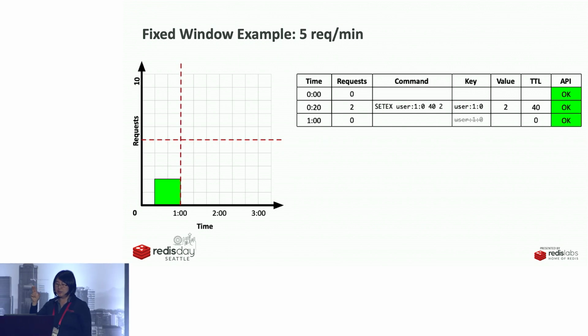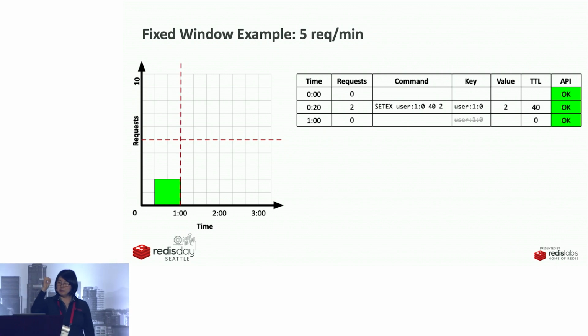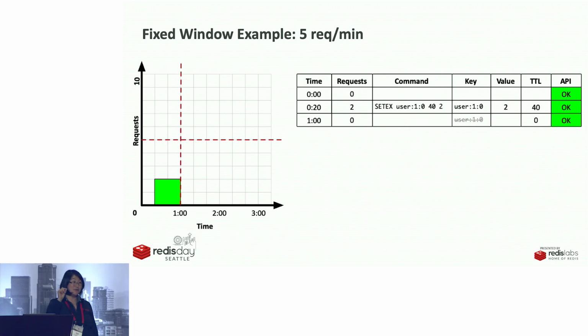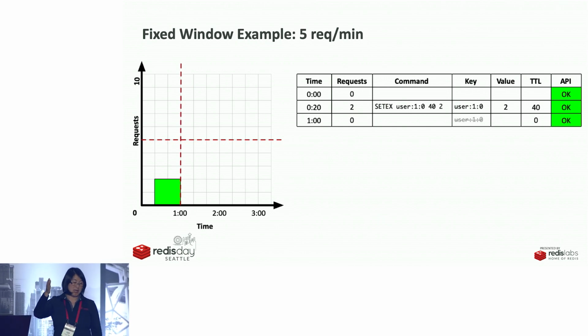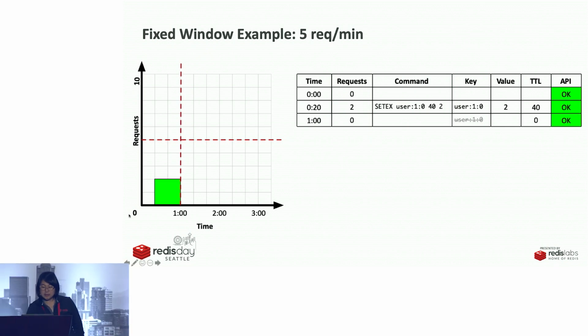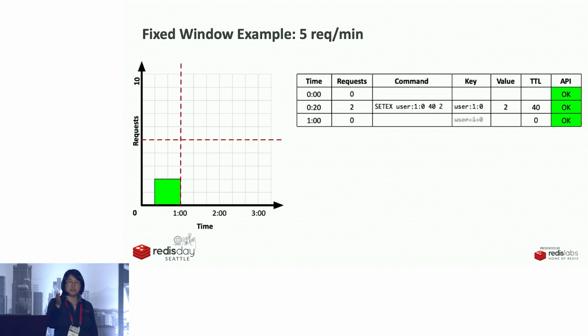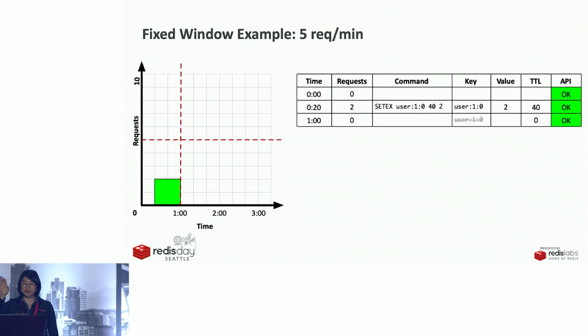The command that I issue is setex user:1:0. I have 40 seconds left of my 1-minute window, so I set the expiry to 40 seconds, and the number of requests that came in is 2. So notice that the key is user:1:0, where 0 represents a time window, the value is 2, and the TTL is 40.